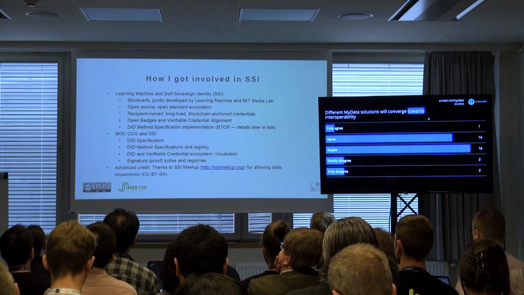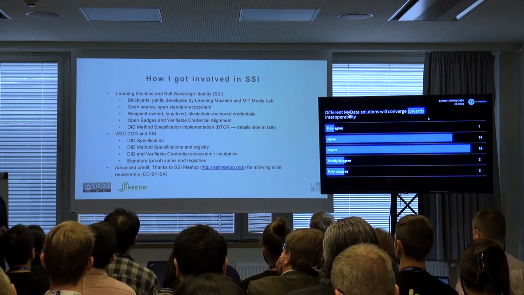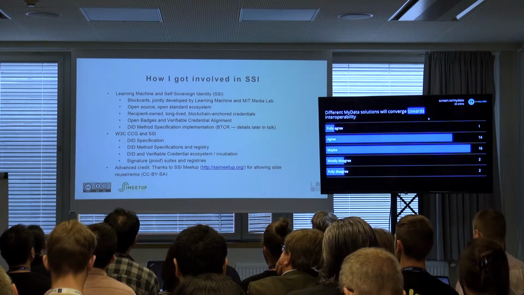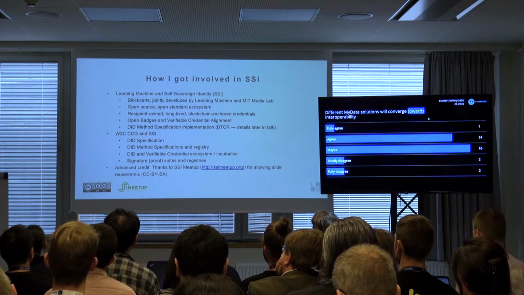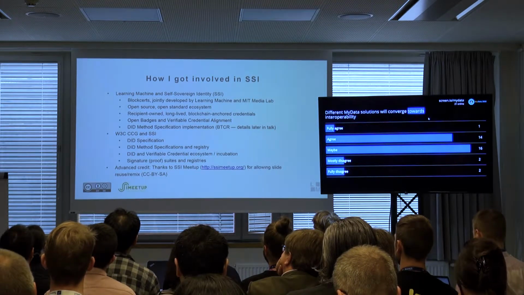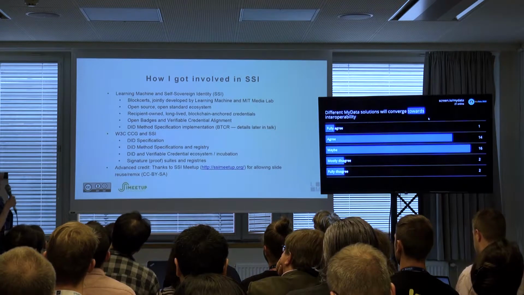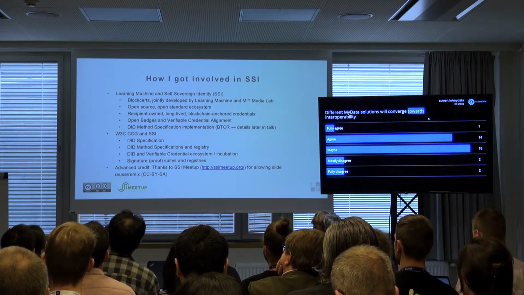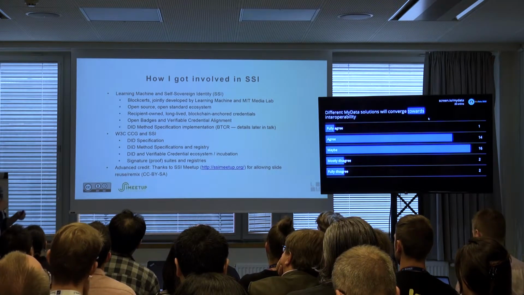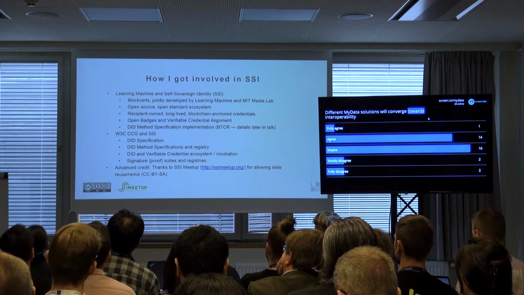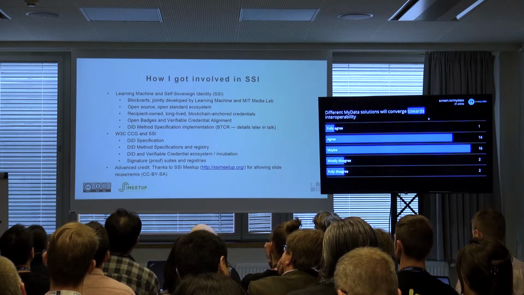So the idea that we were working on with MIT Media Lab was that through blockchain we can solve some of the decentralized trust problems. We started out as an open badges extension, but through that community we found out about verifiable credentials.